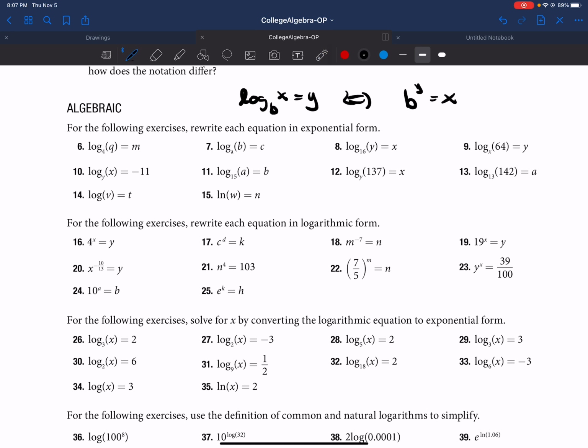So then this should be log base 4. And then we come over here and I go, okay, y is the power, and so x is the power there, and x goes right there. Okay, so then that should be, hold on, I said it backwards because I'm switching the x's and the y's.